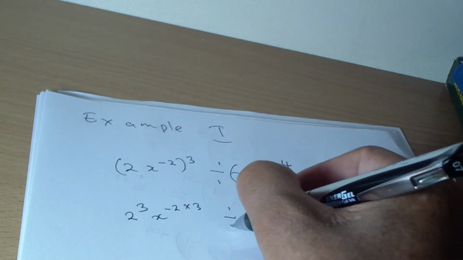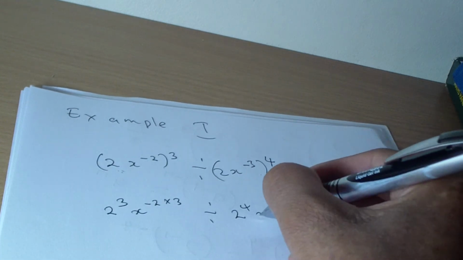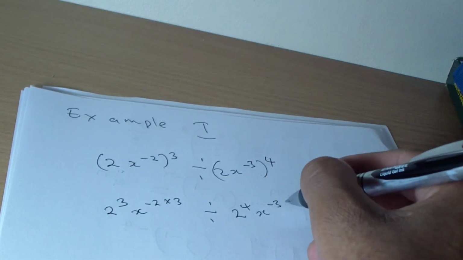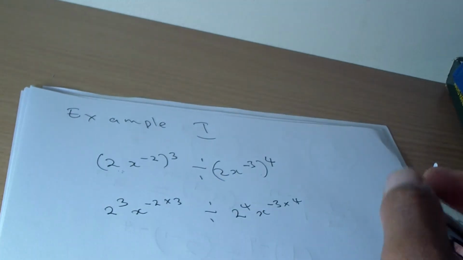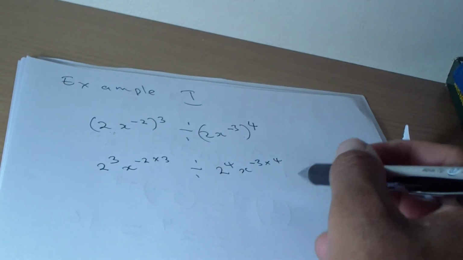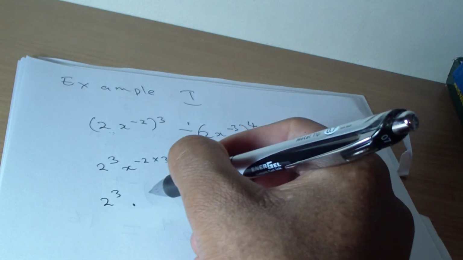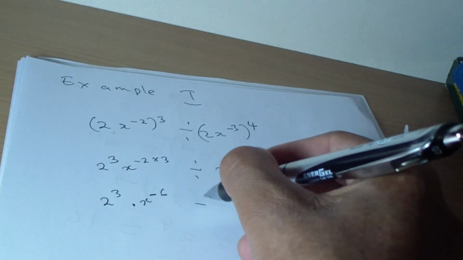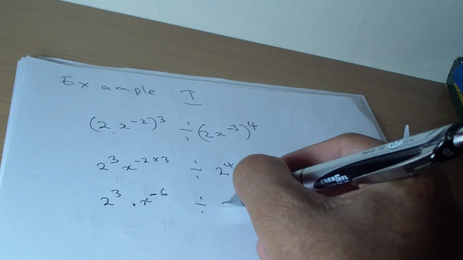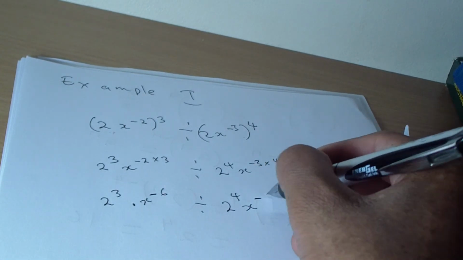Then I'm going to divide this by 2 to the power 4, x to the power minus 3, multiplied by 4. So at the end of the day, what do I have? I have 2 to the power 3 multiplied by x to the power negative 6, divided by 2 to the power 4, x to the power negative 12.